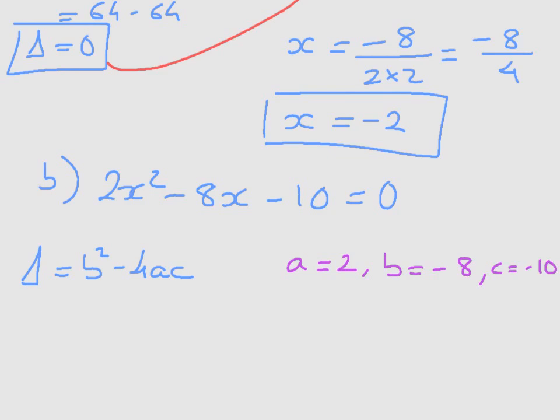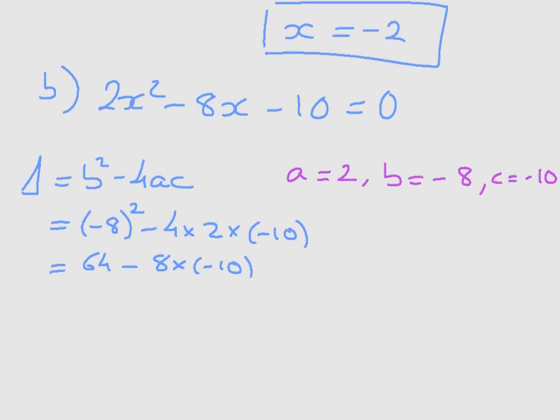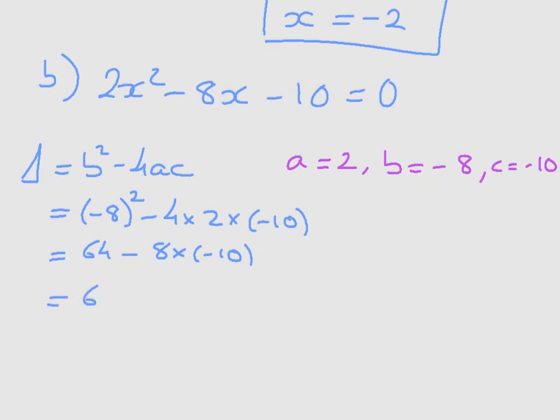So back to delta. Delta is equal to b squared minus 4ac, and so in this case b squared is negative 8 in parentheses squared. Be careful to put the parentheses when you square that number, otherwise again you may make a sign error. So that's negative 8 squared minus 4 times 2 times negative 10. This leads us to 64 minus 8 times negative 10, which leads us to 64 minus negative 80.